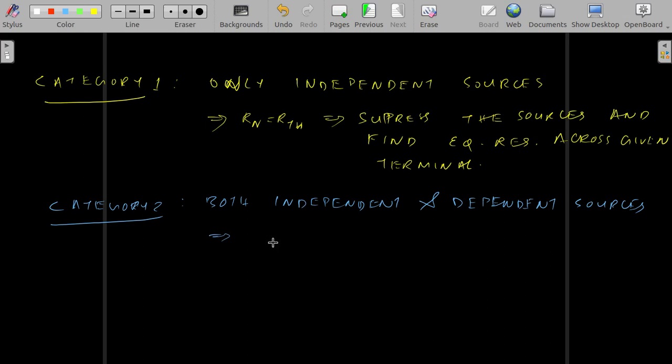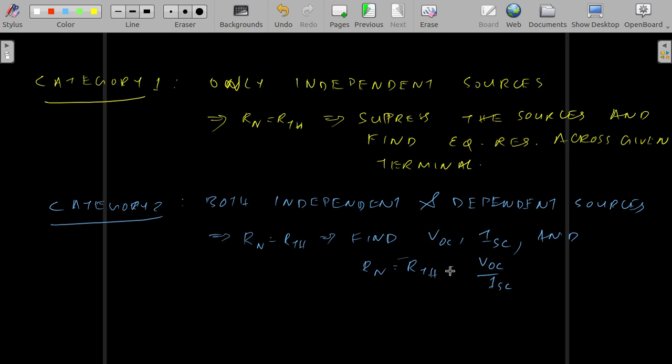So RN and RTH we find by finding V open circuit and I short circuit, and then we take RN equal to RTH as V open circuit by I short circuit.